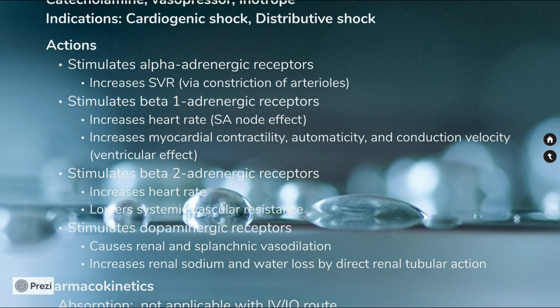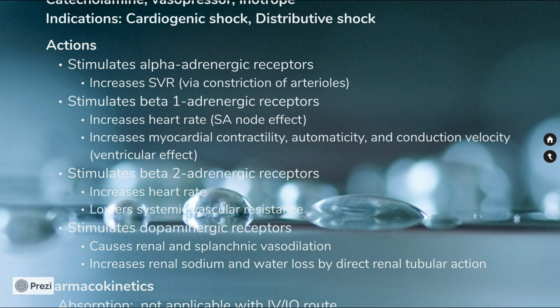So that can be quite confusing. There is an important rule to remember about dopamine, and it will be reinforced later. Higher doses will trigger alpha adrenergic receptors. In stimulating alpha adrenergic receptors, there's increased systemic vascular resistance.